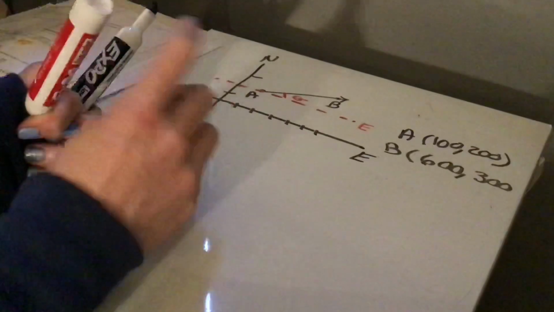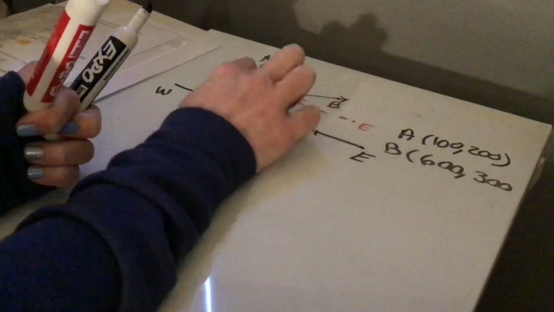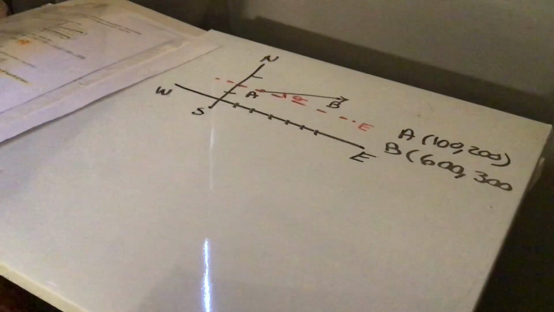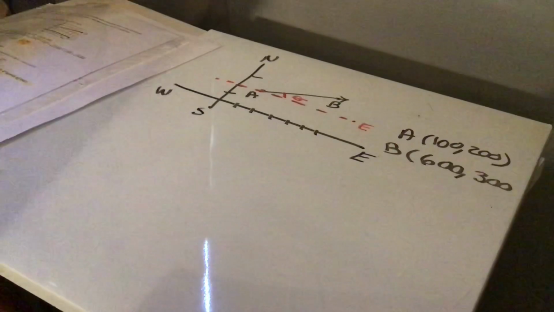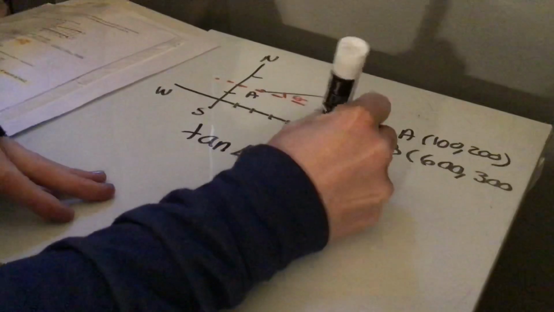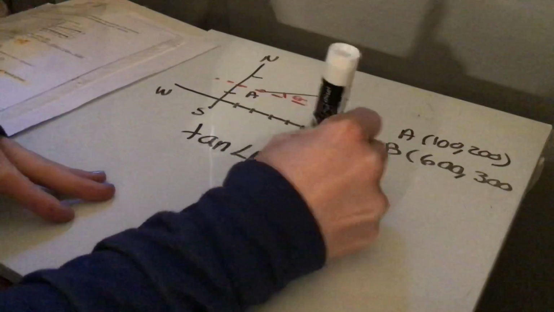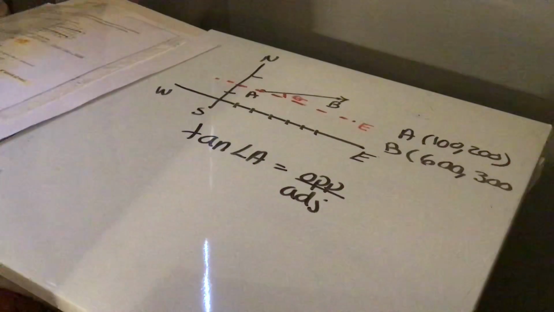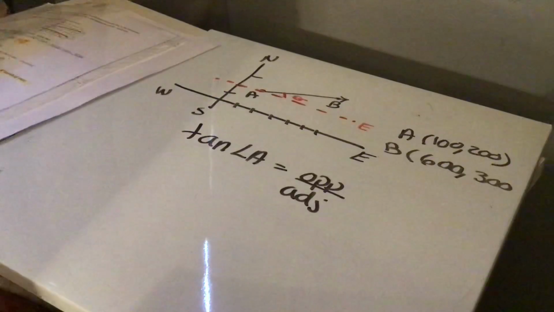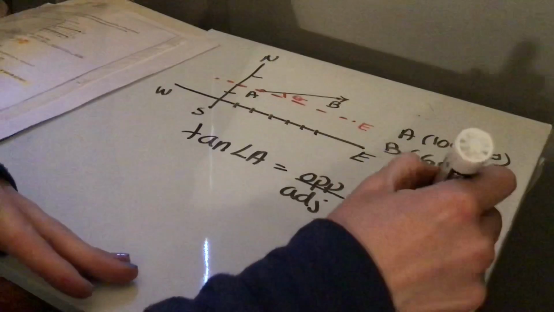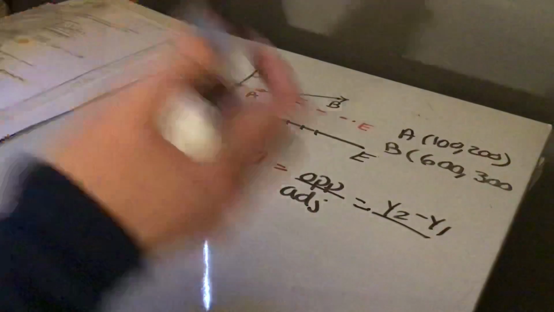Because this is in component form, we have the difference in our x and the difference in our y. So we're going to end up using tangent, because we know the tangent of an angle is the side opposite the angle over the side adjacent. For finding the angle created from the horizontal, the opposite is the difference in your y values, and the adjacent is the difference in your x values.